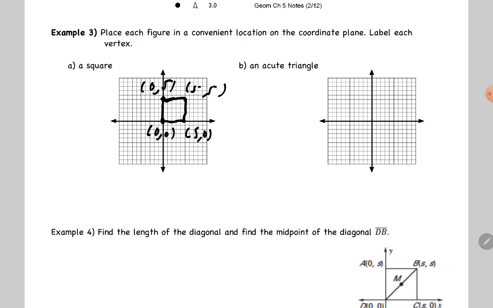And acute triangle. So once again, 0, 0. 3 sides this time. I don't know, like that.